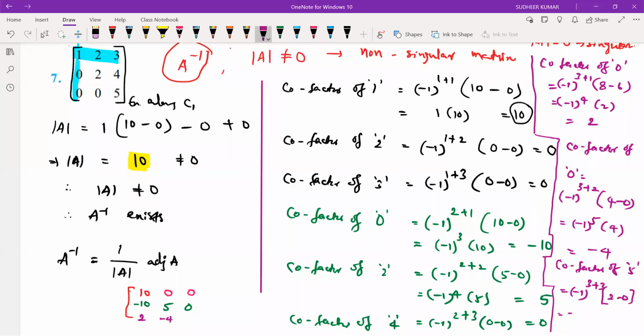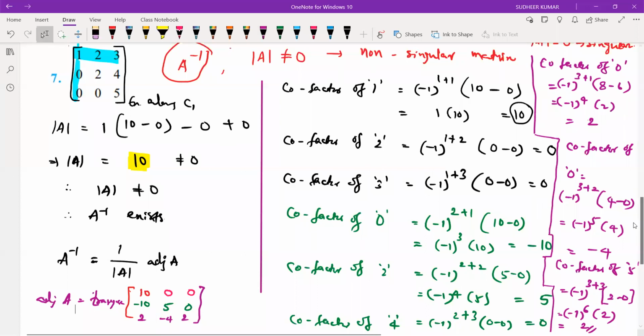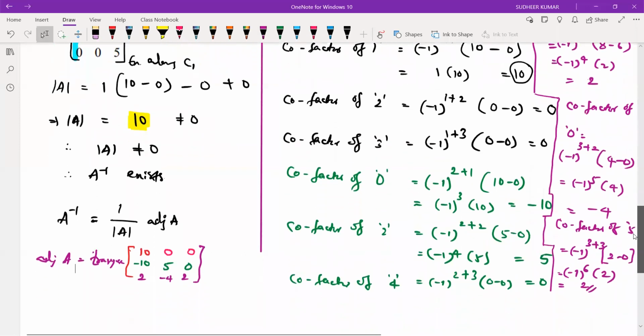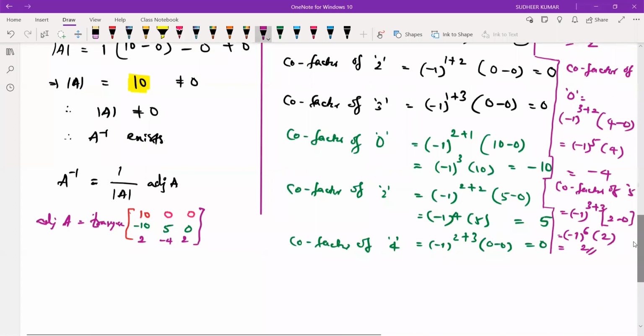So it is (-1) to the power of 6 into 2, so 2. So we should write the transpose of the matrix obtained with the cofactors of each element, which is adjoint A.